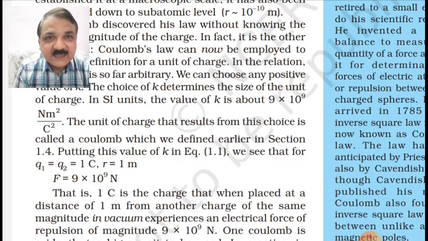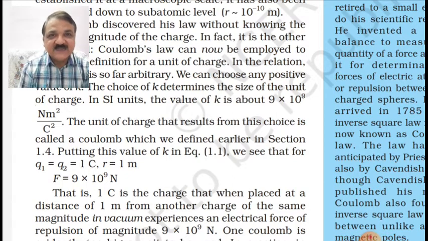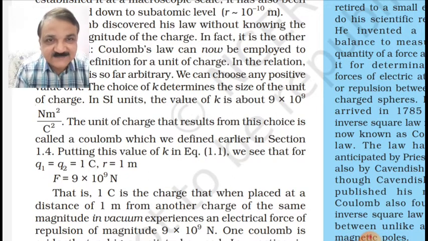Actually, Coulomb has taken the help of a torsion balance. About torsion balance, you have studied in your class 11th.